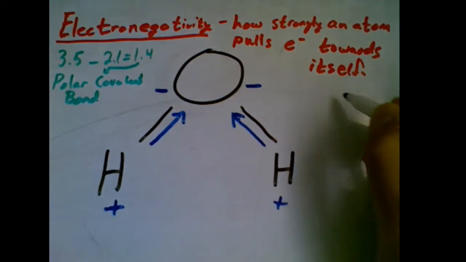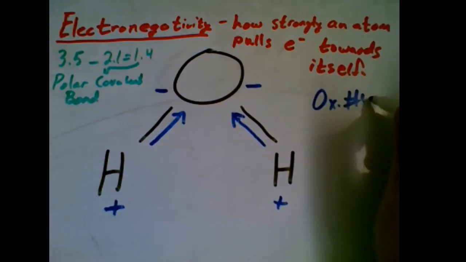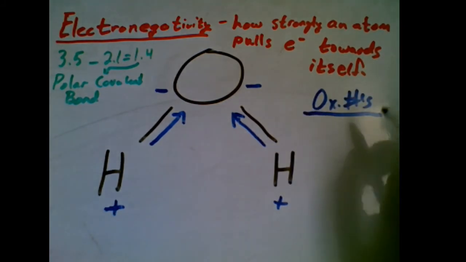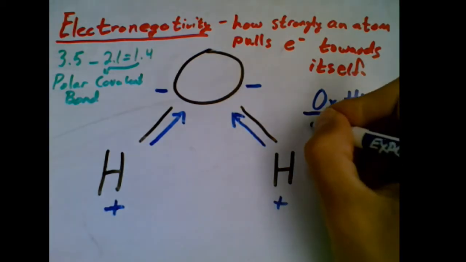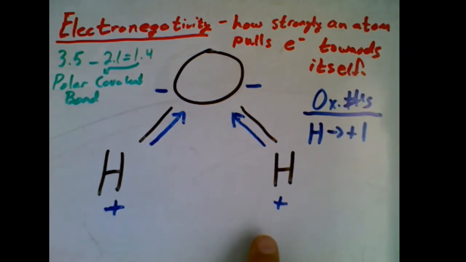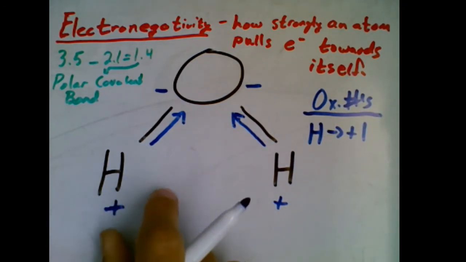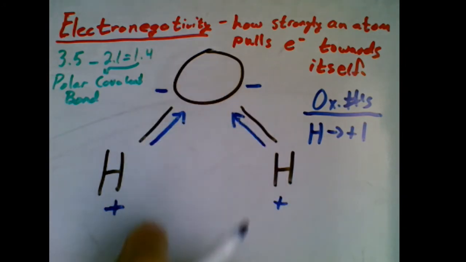When we talk about the oxidation numbers, what we're really talking about is where electrons are spending a lot of their time. And so for hydrogen, we would say in this molecule, it has an oxidation number of +1. And that's because each of our hydrogens are actually giving away an electron to this oxygen.